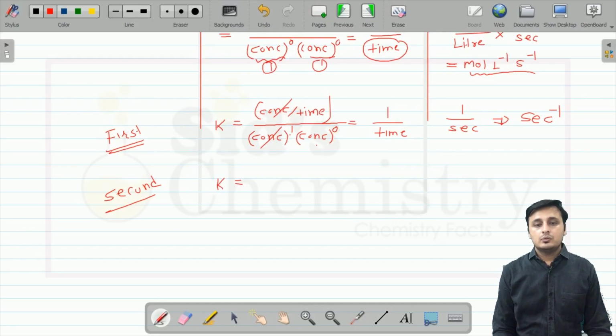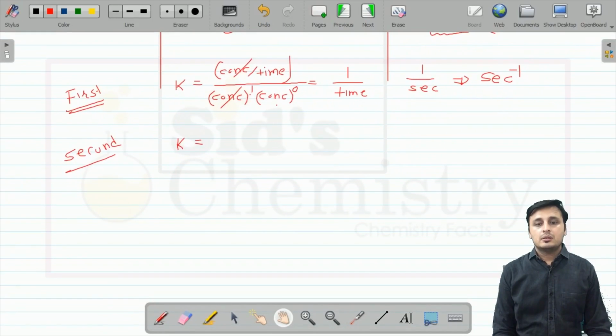So it will be like this. K is equal to concentration per time. This is already the unit for the rate. Then it is divided with concentration raised to 1.